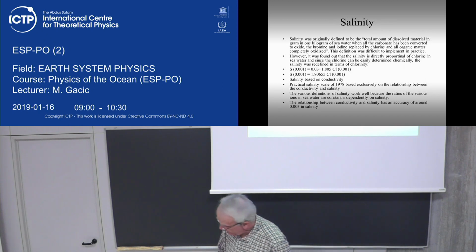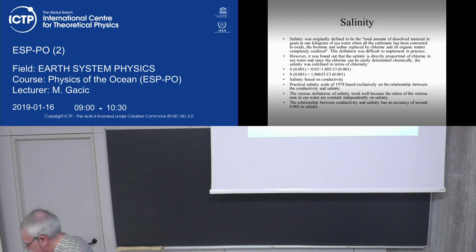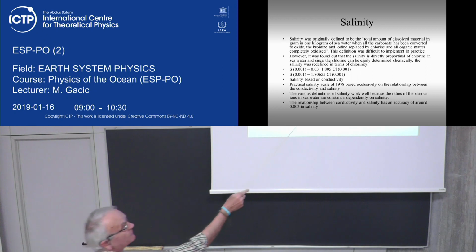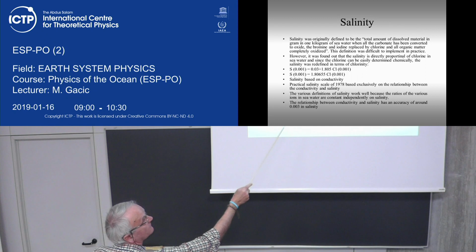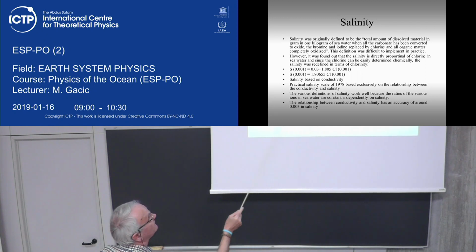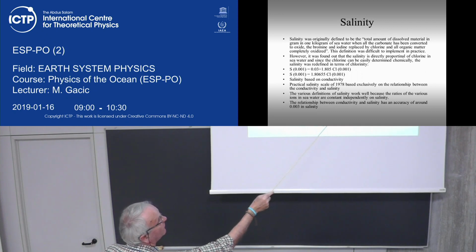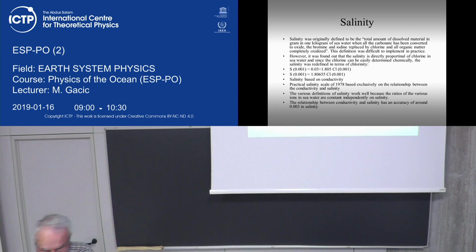And then there is salinity. Salinity, as it was originally defined, when salinity used to be determined by the chemical approach, is the total amount of dissolved material in grams per kilogram of seawater when all the carbonate has been converted to oxide, the bromine and iodine replaced by chlorine, and all organic matter completely oxidized.